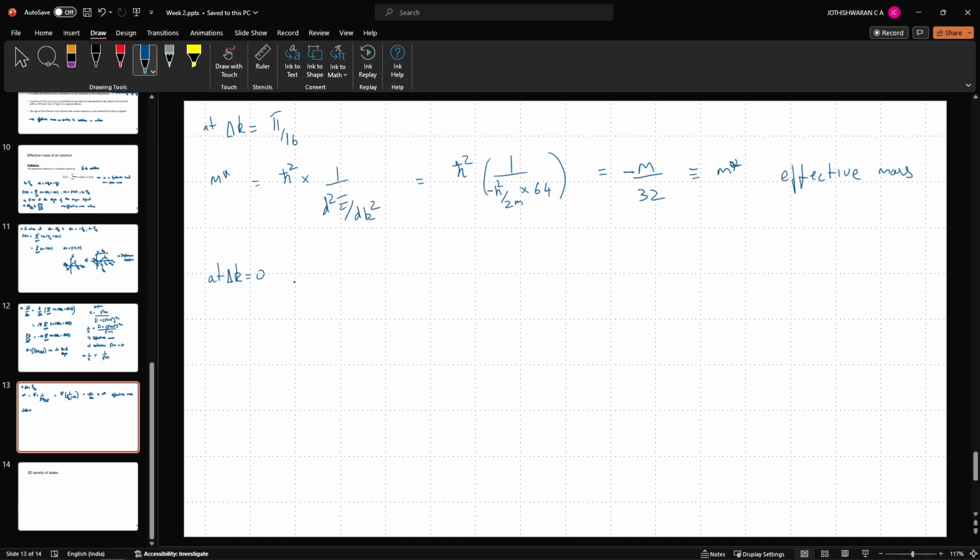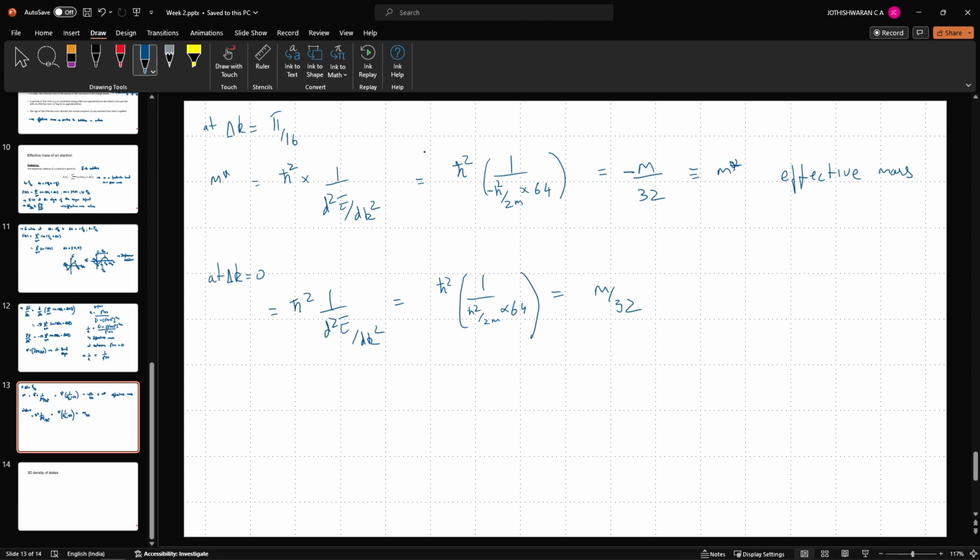And at the minima point, same expression, h squared into 1 over d squared E upon dk squared. This will correspond to h squared into 1 over h squared by 2m into 64. So now this will lead to a positive value, m/32.